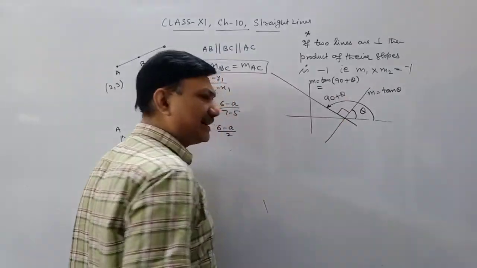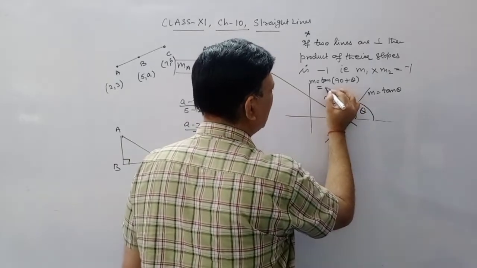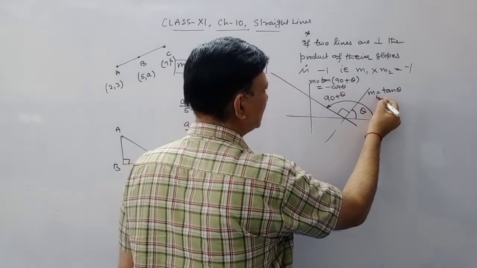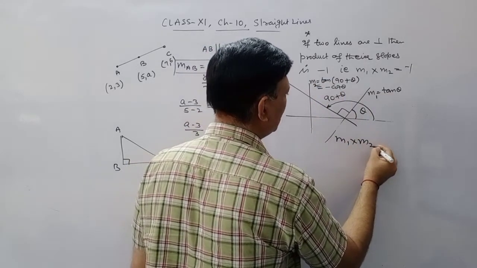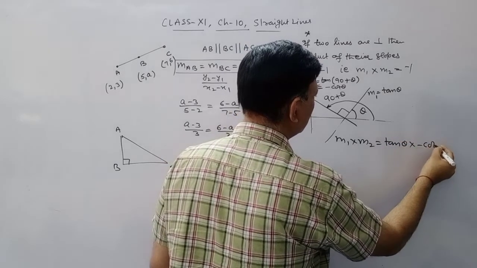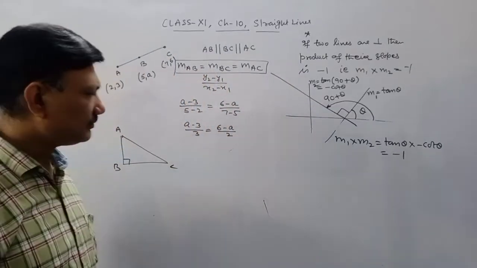And in the quadrant system, we have already discussed tan 90 plus theta is minus cot of theta. Let this is m1, this is m2. So m1 into m2 is tan theta into minus cot theta, which is equal to minus 1.